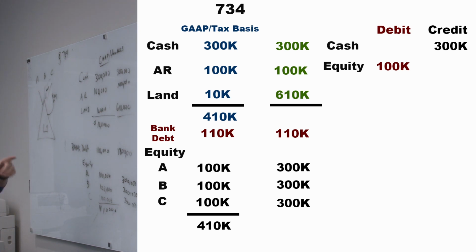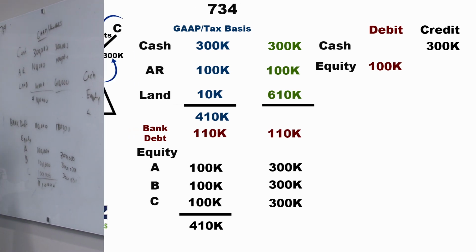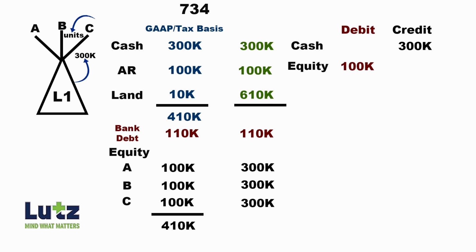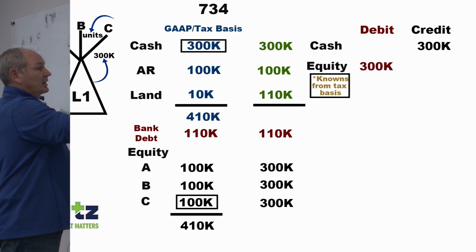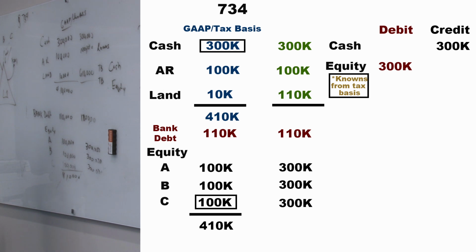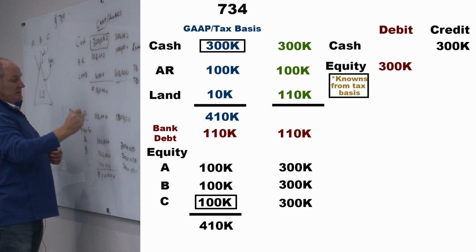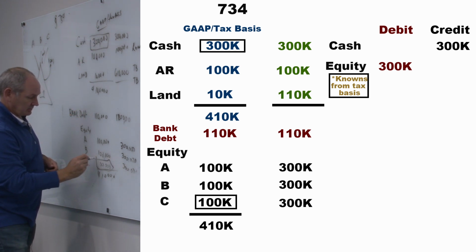So once we start with the knowns in our entry associated with the 743, the knowns that we have on the balance sheet are cash and equity. Because here's cash, here's equity. And for lack of a better description, I'm going to call them knowns, and they're coming from my tax basis column. It's coming from here, and it's coming from here. So those are knowns from tax basis.